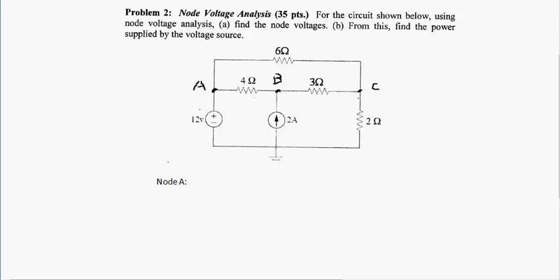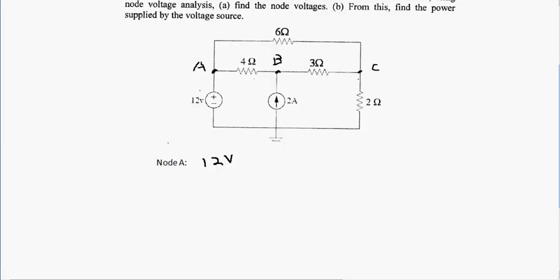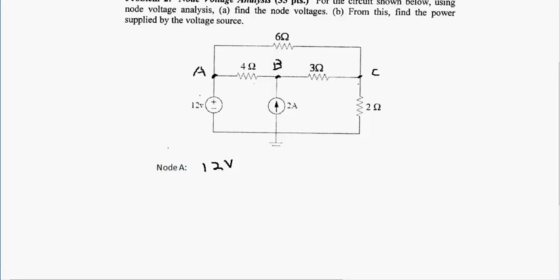So by inspection, node A is 12 volts. Now that's easy. Now find the node voltage at node B and node C.